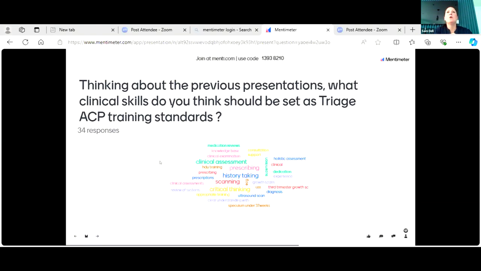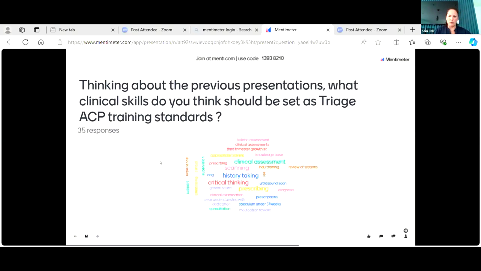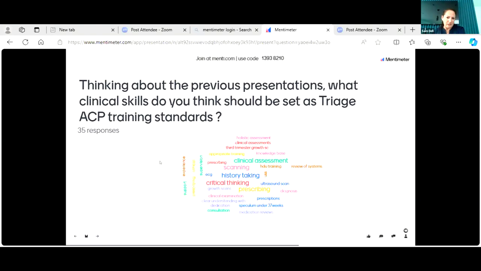When you are developing these roles and going through the courses, ultimately when you're in triage, you've got to hit, I don't know, your prescribing, your speculums under 37 weeks, your diagnosis, your assessments, maybe particularly HDU training, and you need to be able to show and demonstrate those set skills to be happy to work in triage or as an ACP as a standard training practice. So really good ideas here, and like I say, we'll take these on and go from there. So brilliant answers. Excellent.